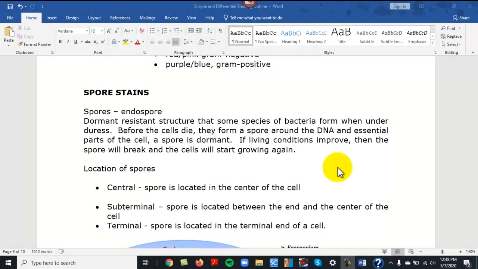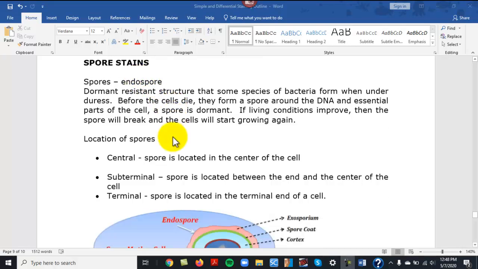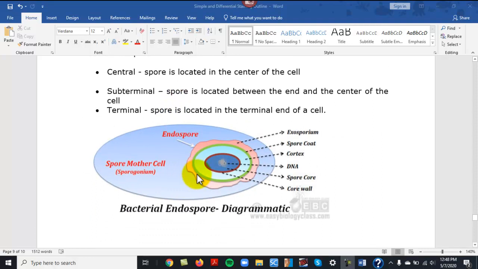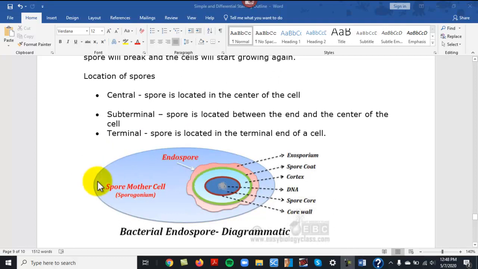Okay, last part of this unit, spore stains. A spore stain is, okay, first of all, there are some bacteria that are called spore formers. Bacillus, the genus Bacillus, the ones that you hear about, anthrax and all the bad things, botulism, those are spore formers. What happens is when a cell is under duress, like this one, some species, not all, can form what is called an endospore.